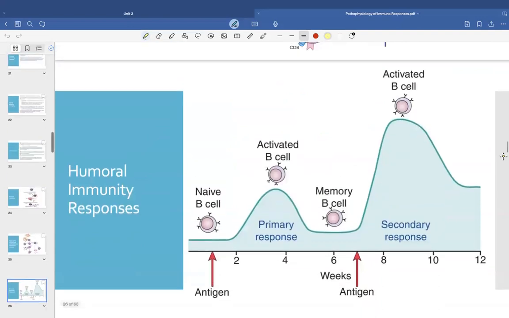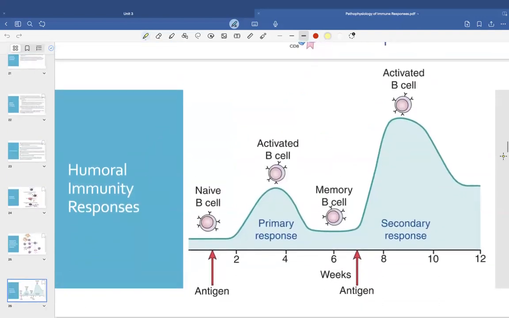You have your primary response. If you start with a naive B cell and expose it to an antigen, you're going to get that delayed primary response. This is showing about 2 weeks after the initial exposure. You get that primary response with that activated B cell.